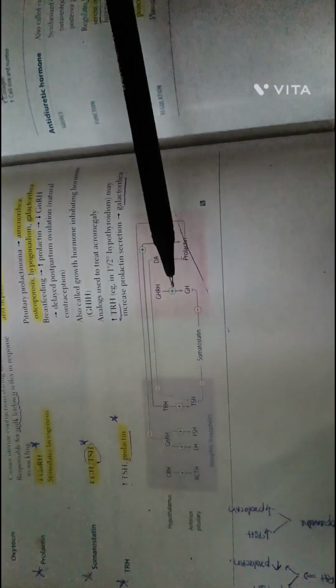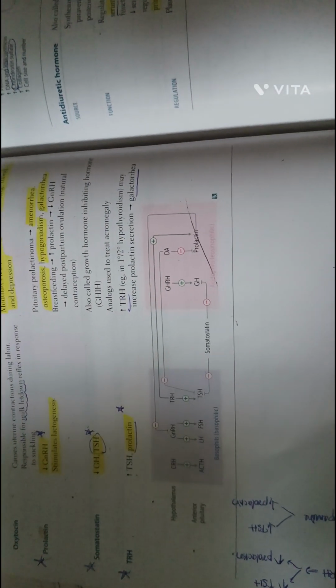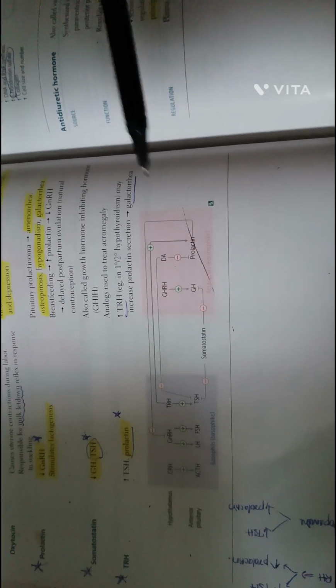What's the action of dopamine? It inhibits prolactin, and at the same time it also inhibits thyroid stimulating hormone. Good to know that. Then prolactin has a stimulatory effect on thyroid releasing hormone, and thyroid releasing hormone has a stimulatory effect on prolactin, whereas prolactin has an inhibitory effect on gonadotropin releasing hormone.